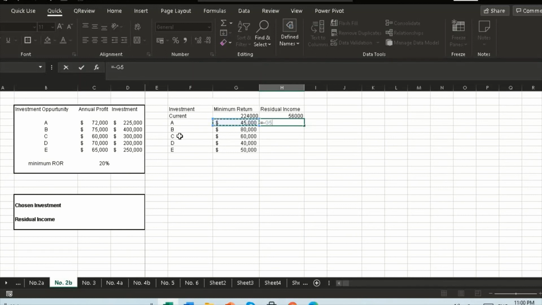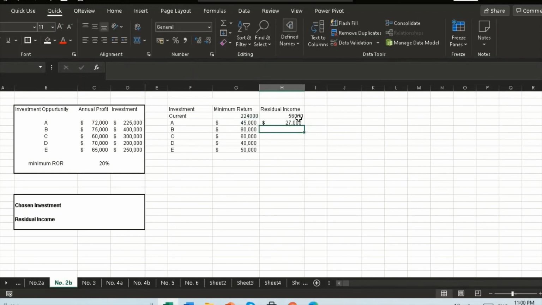And for investment A, it is 27,000. For investment B, negative 5,000, negative residual income. For investment C, there is no residual income. For investment D, 30,000 residual income. And for investment E, it's 15,000.